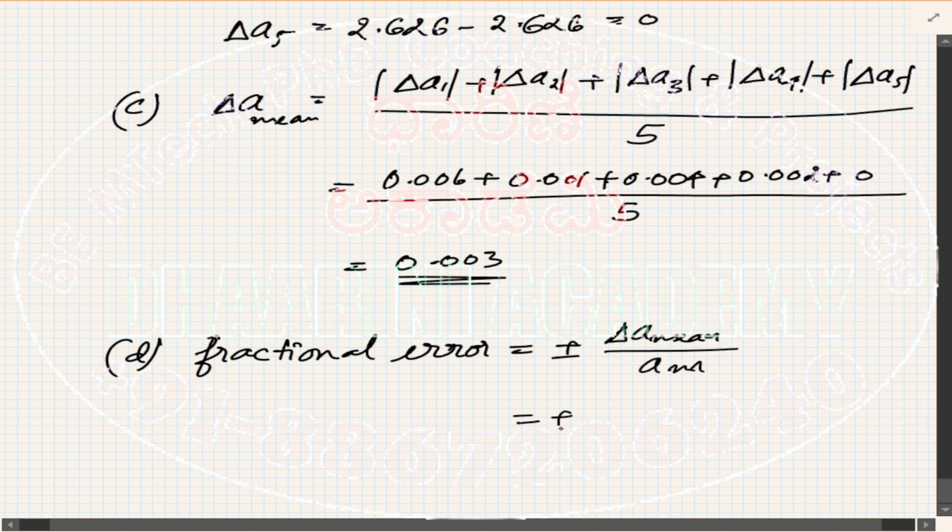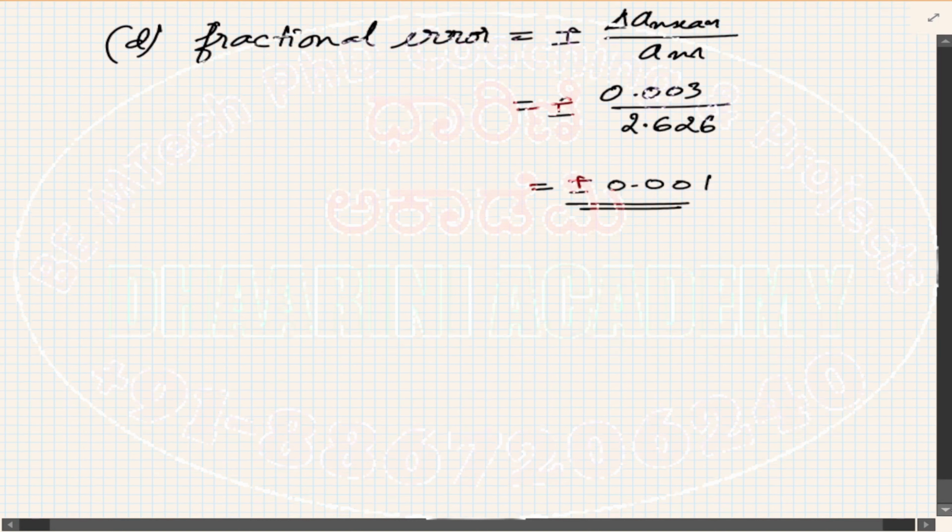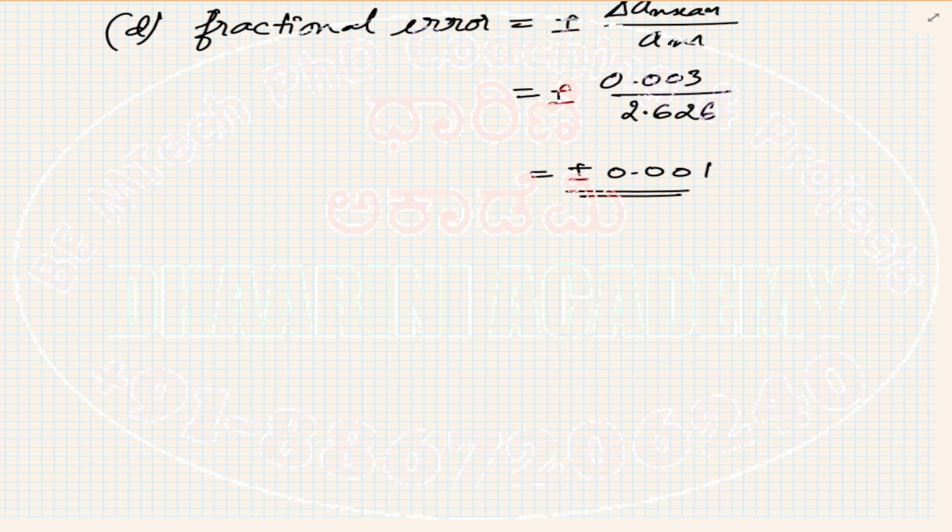So that is always plus or minus. Delta A mean is 0.003 divided by 2.626. So this is equal to plus or minus 0.001. Remember, in all the cases we are retaining 3 decimal places only, so even if you get a different value, you approximate it to 3 decimal places.